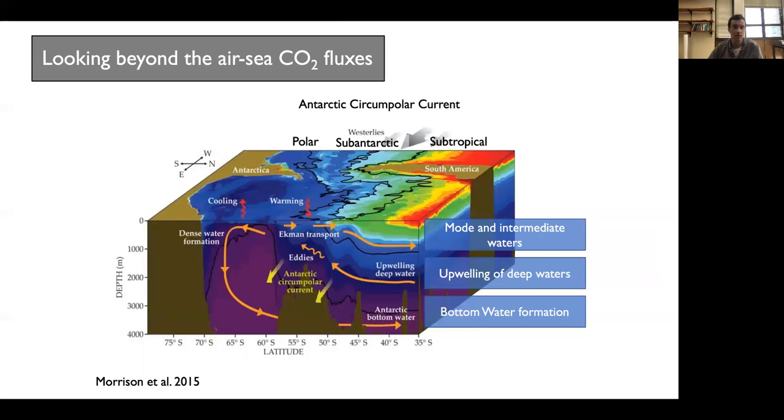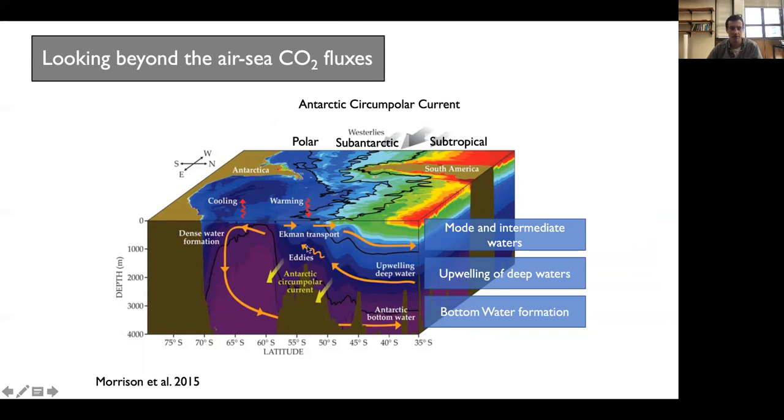Now, looking beyond air-sea CO2 fluxes, if we look at this nice cross-section diagram from Morrison et al. 2015, the Southern Ocean is a really complicated place. We've been looking at these bulk air-sea CO2 fluxes, but there's a lot of stuff going on. So this is just illustrating some of the different water masses.